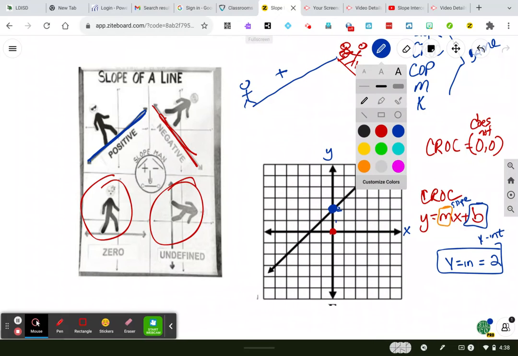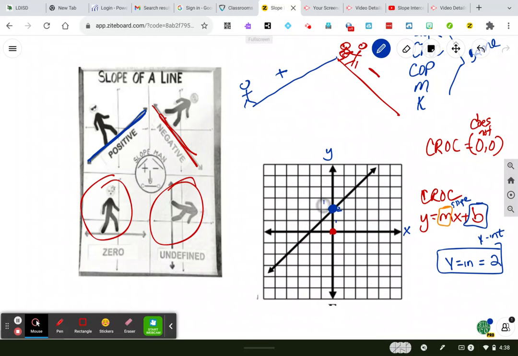So then we look at, okay, well, it's a positive line, so it's going up 1 and over 1. So it has got the y over the x, which is 1 over 1, which equals 1, which is my m.